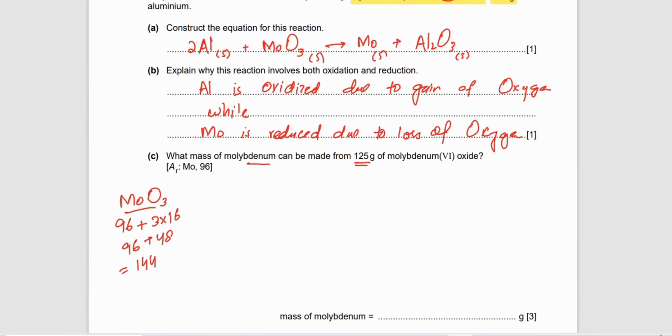Let me find out the number of moles. Number of moles is equal to 125, this is the given mass, divided by 144.